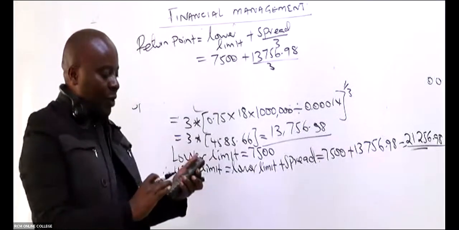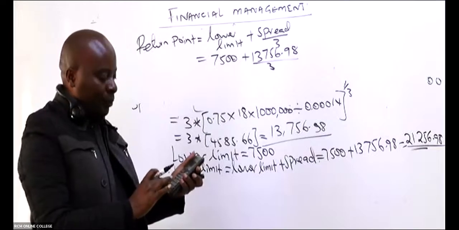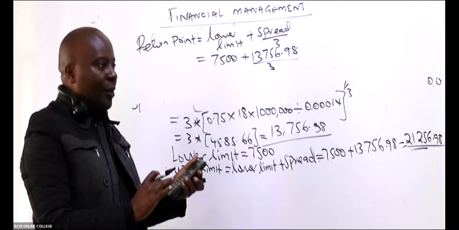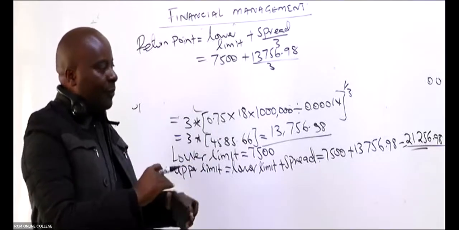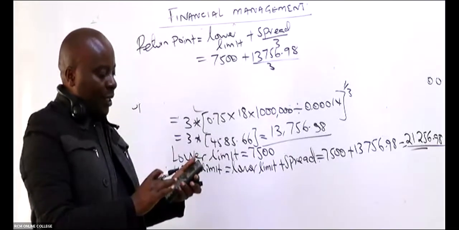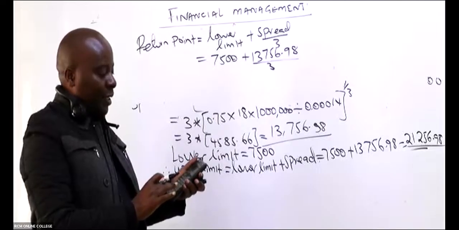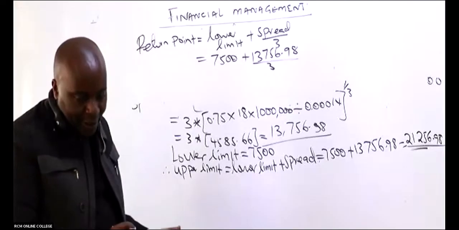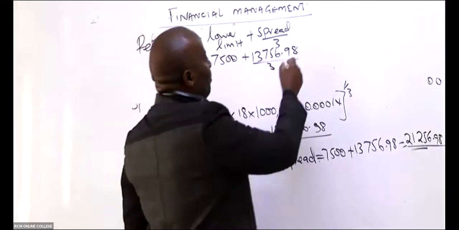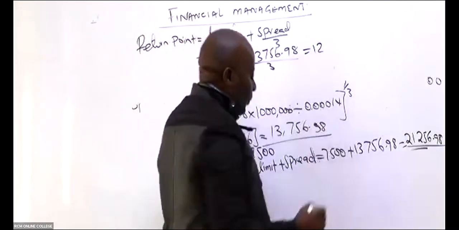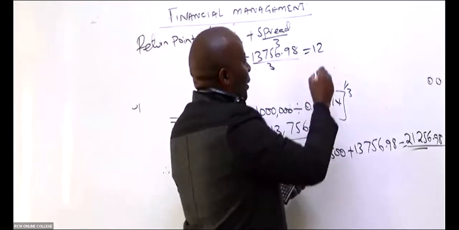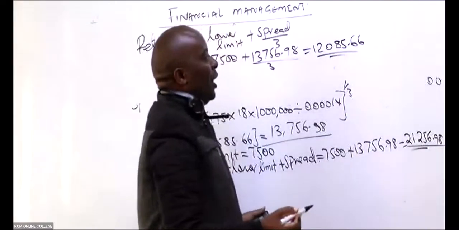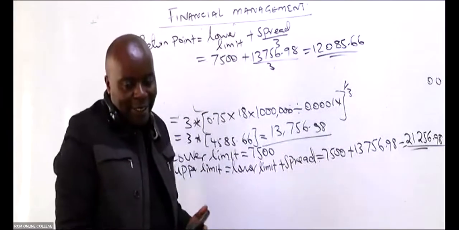So 7,500 plus 13,756.98 divided by 3. So then this is 12 point something, isn't it? 12,085.66, or thereabout, even 12,086.